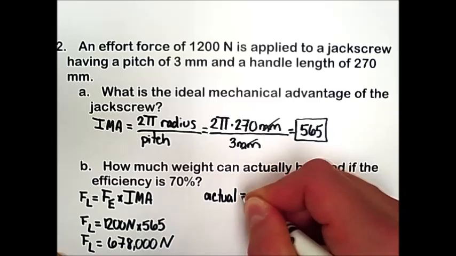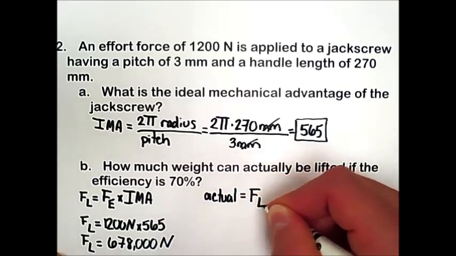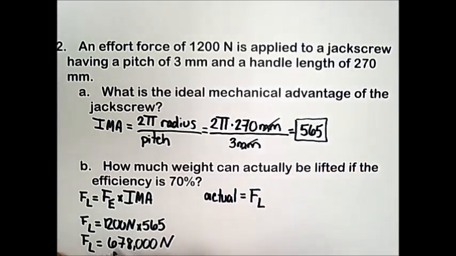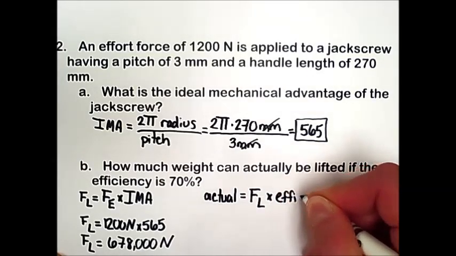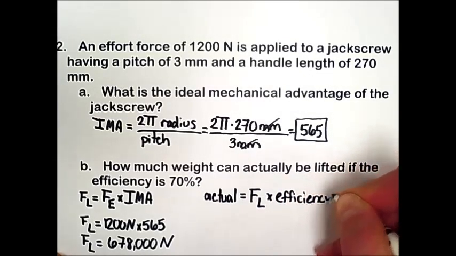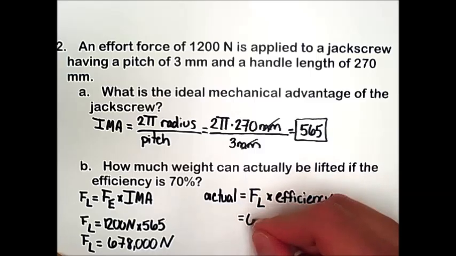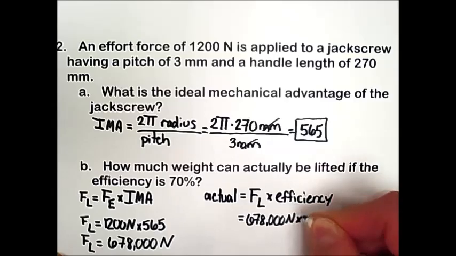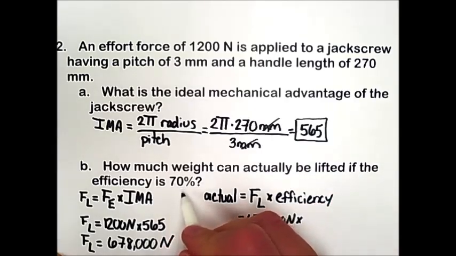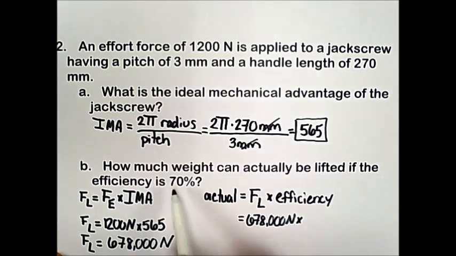So that is equal to the idealized load force multiplied by the efficiency. So our load force was 678,000 newtons. The efficiency we're told is 70%. And anytime we are doing any calculations with percents, we have to convert them into decimals first.